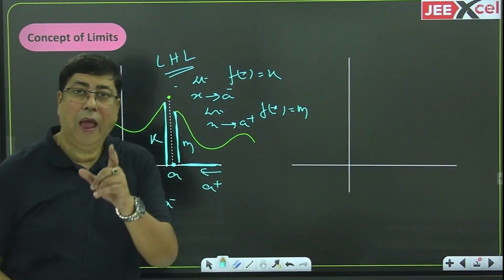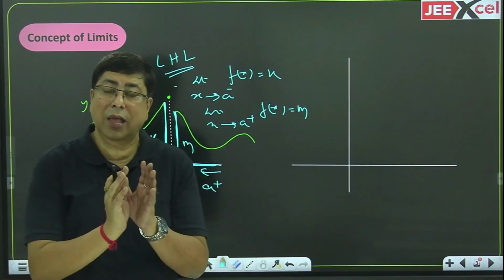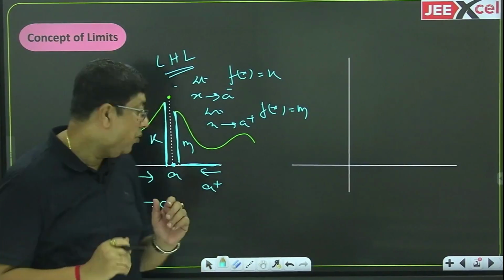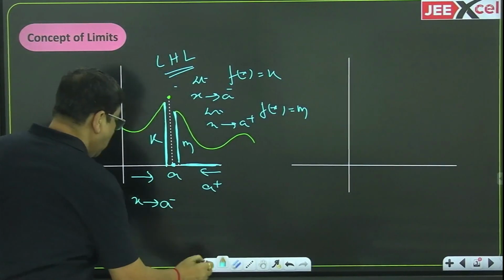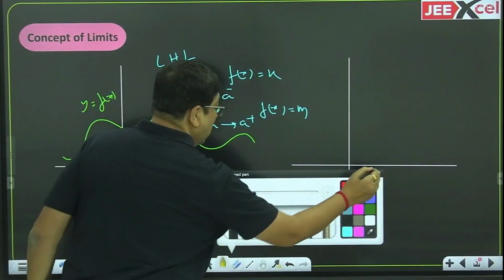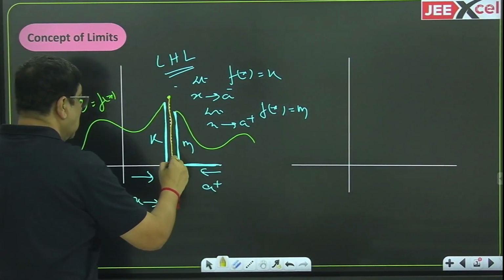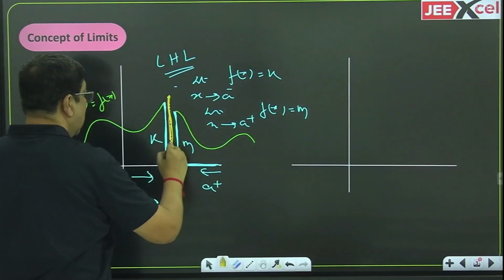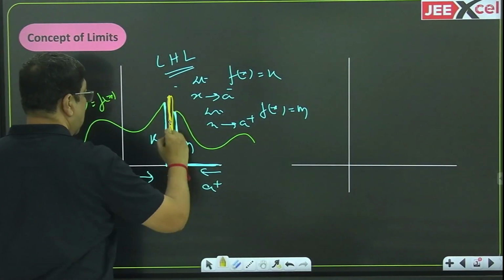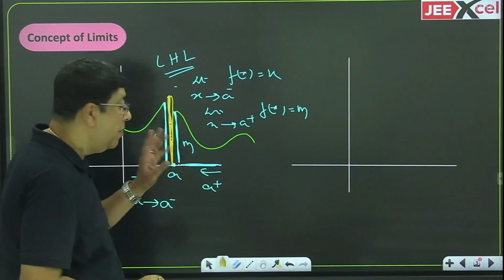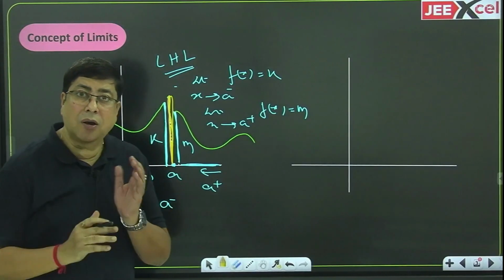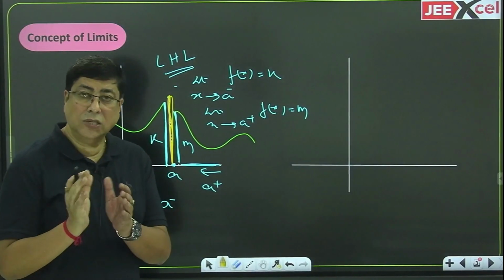So this is the concept of left hand limit and right hand limit. But remember one thing, it is not the exact value. Suppose at x equal to a, the value of the function is something different, suppose n. It means they may match, they may not match. That discussion is coming later.